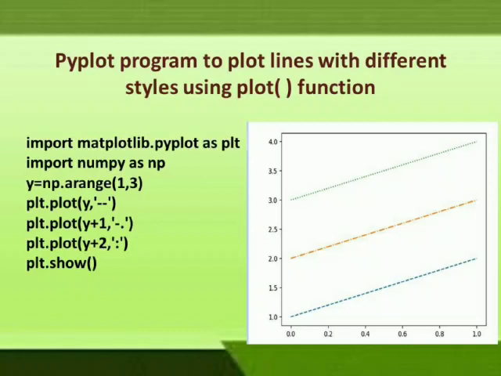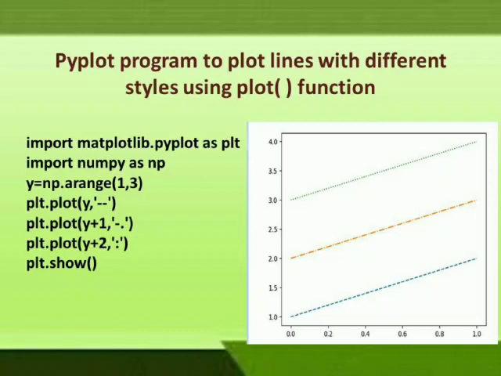Now in the third statement, we have created the numpy array y using arange. Now plt.plot y comma 2 hyphens, which we have given in single quotes. 2 hyphens means which kind of line we want? We want a dashed line.